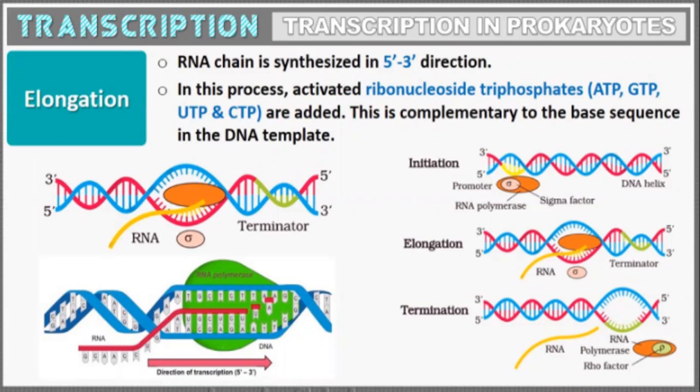So RNA synthesis occurs complementary to the template strand in the 5'-3' direction, and that is known as elongation. The newly synthesized RNA is the same as the coding strand except for uracil. Except for uracil, all the other bases of the coding strand are the same as in the newly synthesized RNA. Okay.